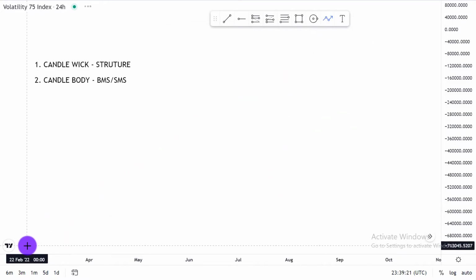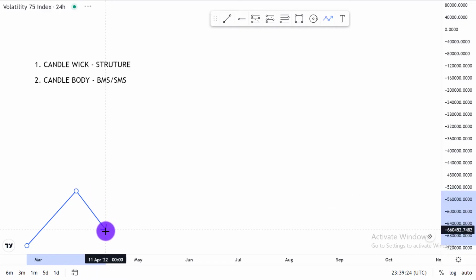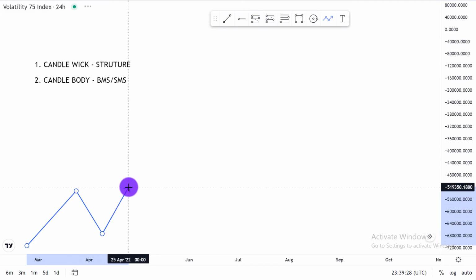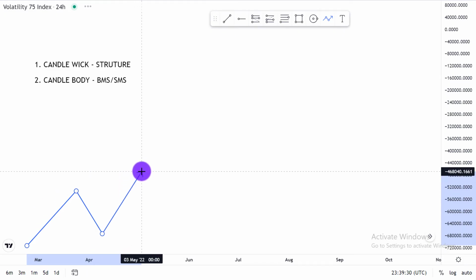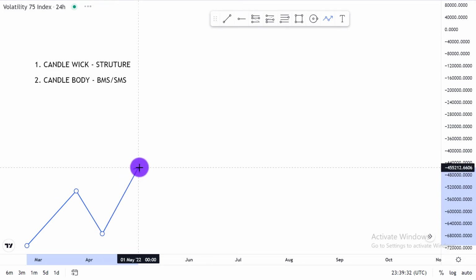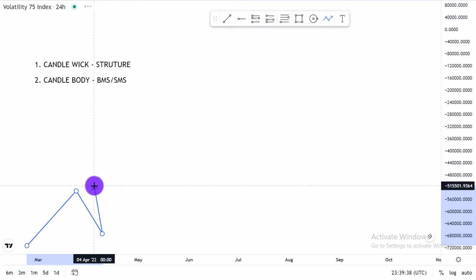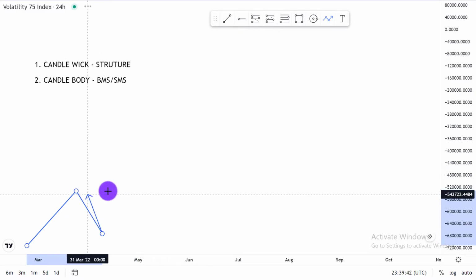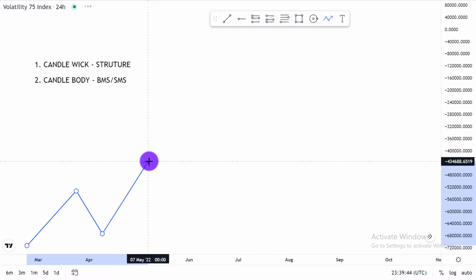In a bullish market structure, remember, every time price breaks the previous high that was created, we have a new high. So we are talking about the candle wick as the new structural high, not necessarily the candle body. Once we have a new candle wick higher than the previous one here, what we have is a new structural high.